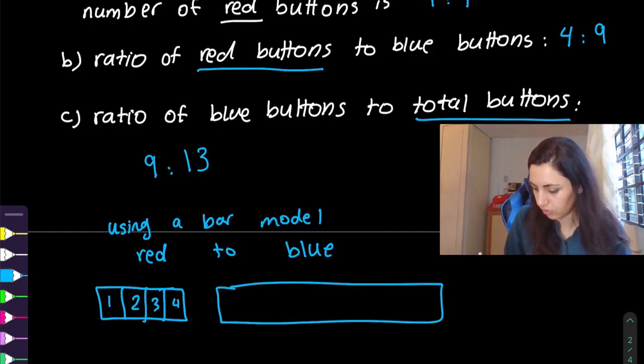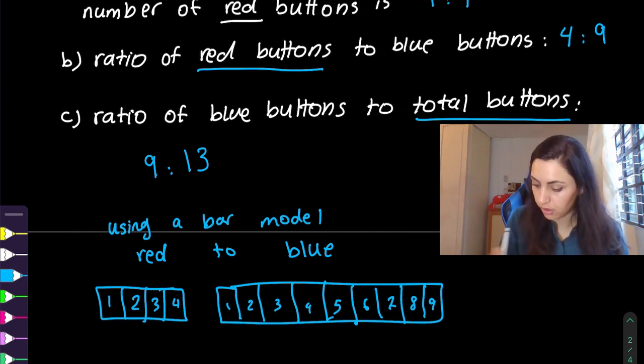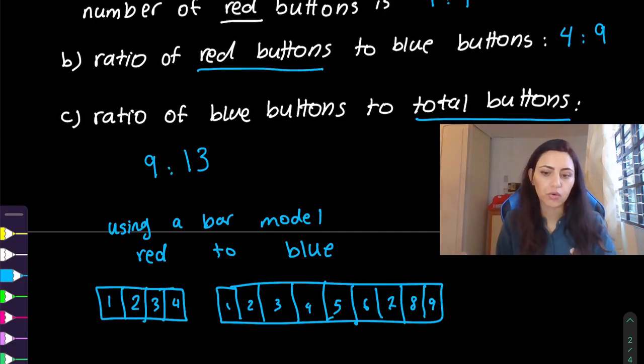So we have to draw 9 bars: 1, 2, 3, 4, 5, 6, 7, 8, and 9. So that's how you show it in a bar model.